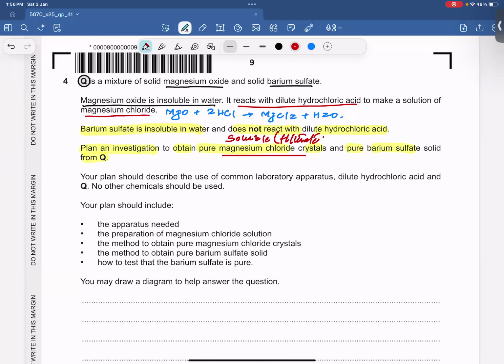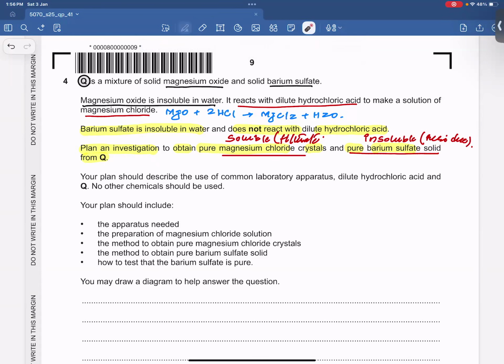And this is insoluble in both water and HCl. So obviously it will serve as the residue. So in order to separate these two species from the mixture, I'm going to go for filtration, and for that I need filter paper, I need a filter funnel, I need a beaker. Okay.